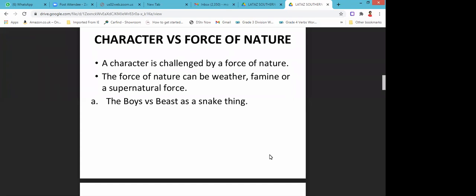The first form is a snake thing. The boys believed that the beast was a snake type of thing. And later they discovered the body of a man who had parachuted and was stuck in the trees. And then the end, well, I think I'll leave that up to you.